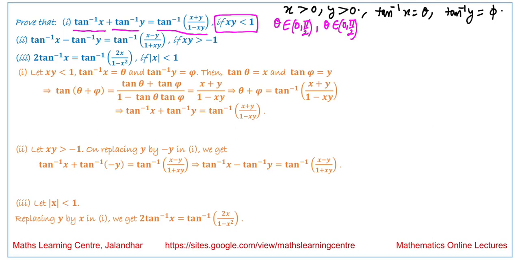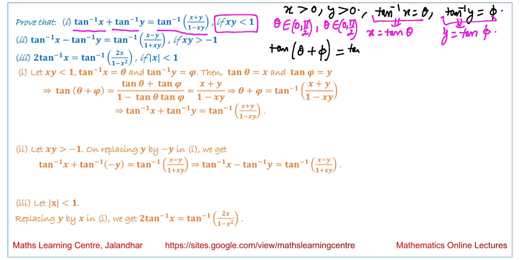Now look at these two results over here. From this result we get that x is equal to tan of theta. From this we get that y is equal to tan of phi. Now if we are talking about tan of theta plus phi, we know the formula for tan of theta plus phi is equal to tan of theta plus tan of phi divided by 1 minus tan theta tan phi.